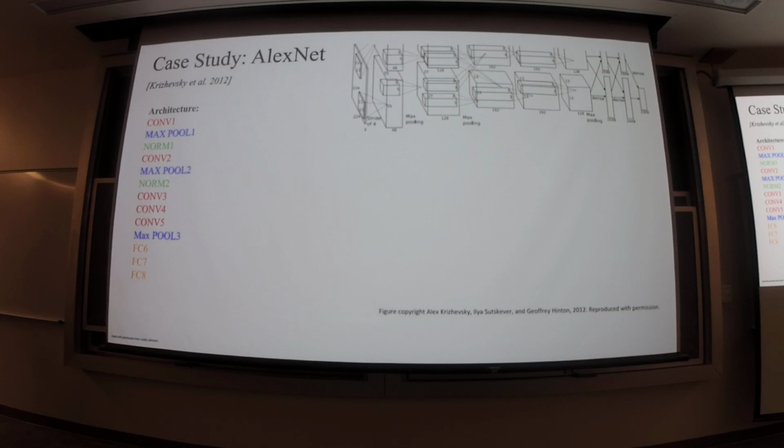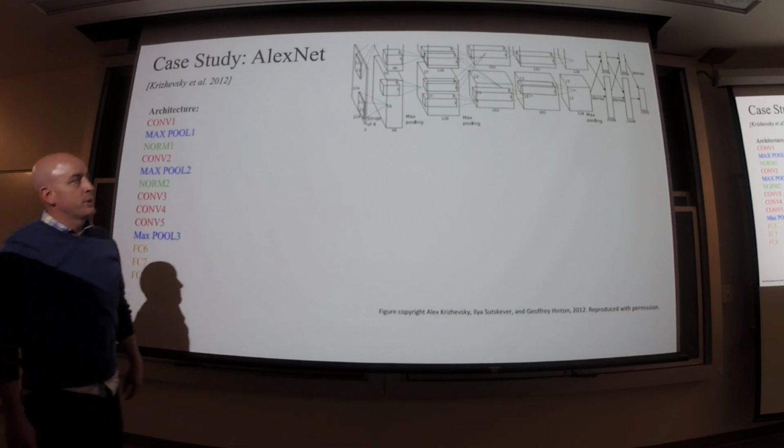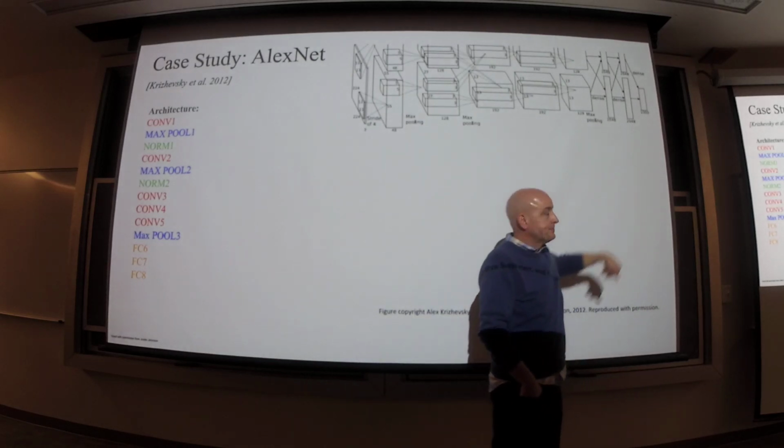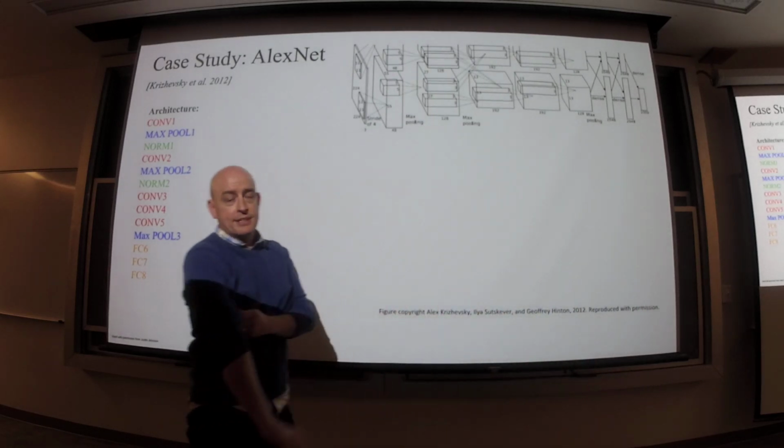Then it's followed up with exactly the same set of layers: convolution, max pool, and normalization, and then 3 convolutional layers, another max pool, and 3 fully connected layers to an output of size 1,000, because there's 1,000 classes. So that's going to be your softmax output.